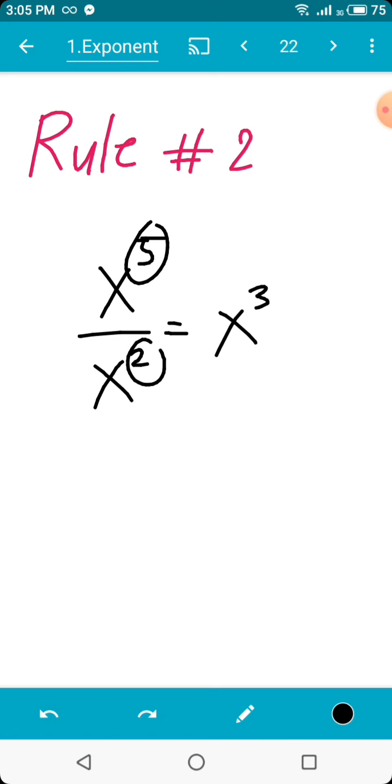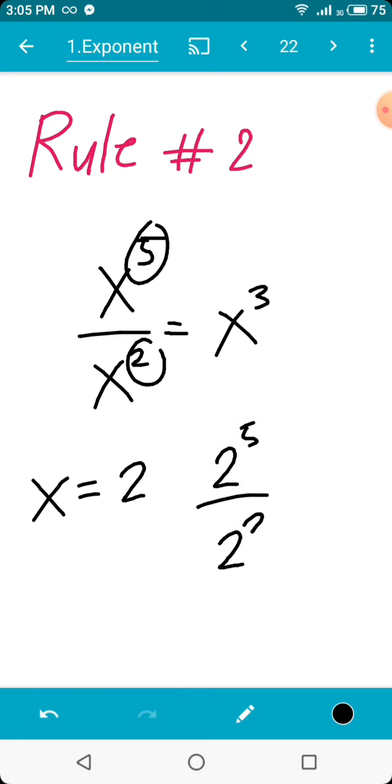Okay? So, let's have an example. So, let's say yung x natin is equivalent sa 2 ulit. Okay? So, it will become 2 raised to 5 and then 2 squared. Okay? So, we have here 2 raised to 5, that is, what? 32. And then 2 squared, that is 4.